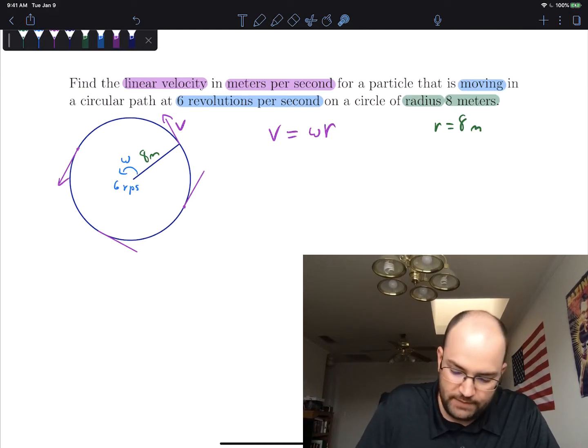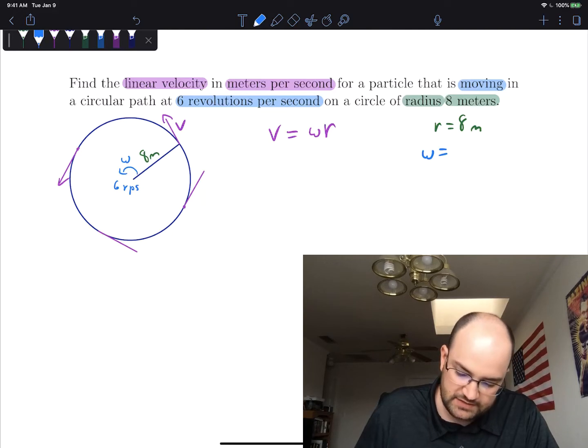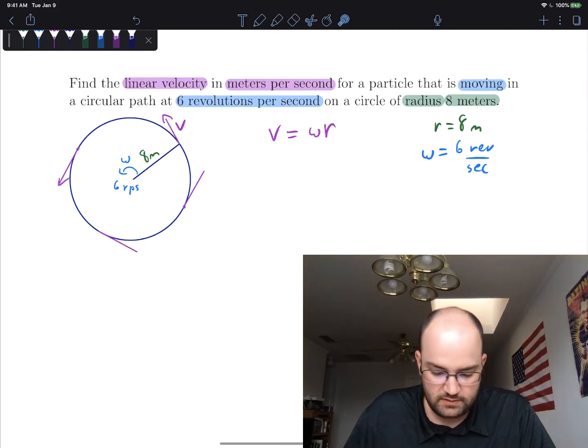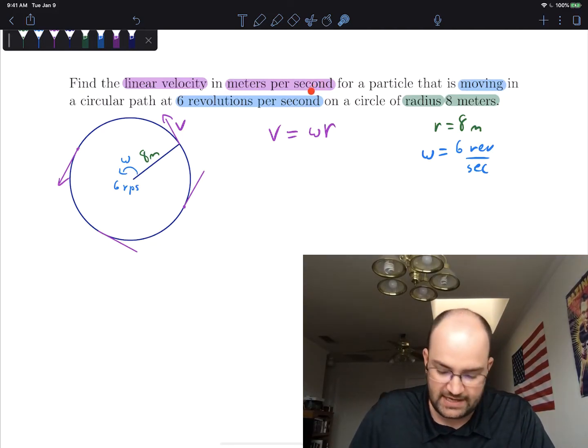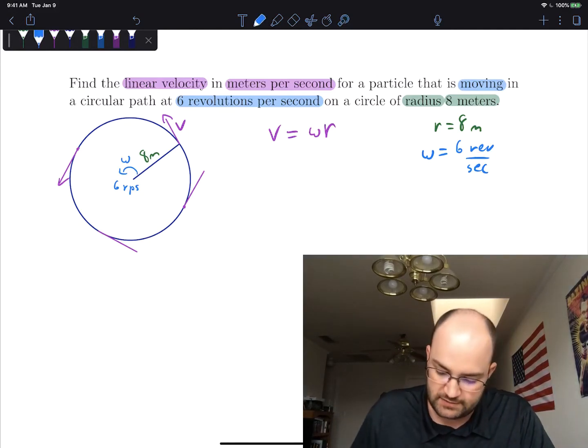Now, for the omega, which is in blue here, it is currently 6 revolutions per second. We want the omega to be in radians per second. Well, the seconds are good, so we need to convert this from 6 revolutions per second into radians per second.